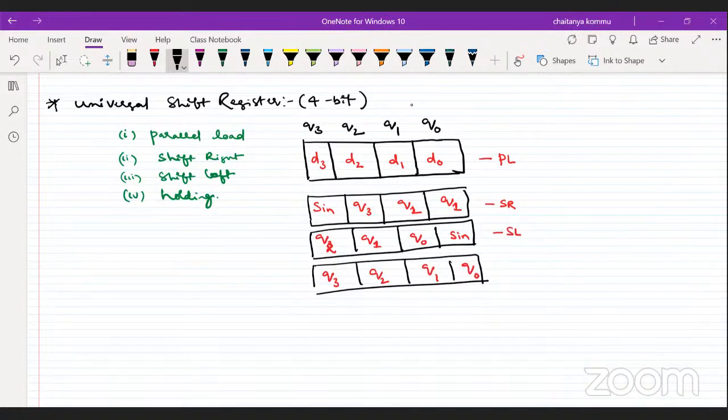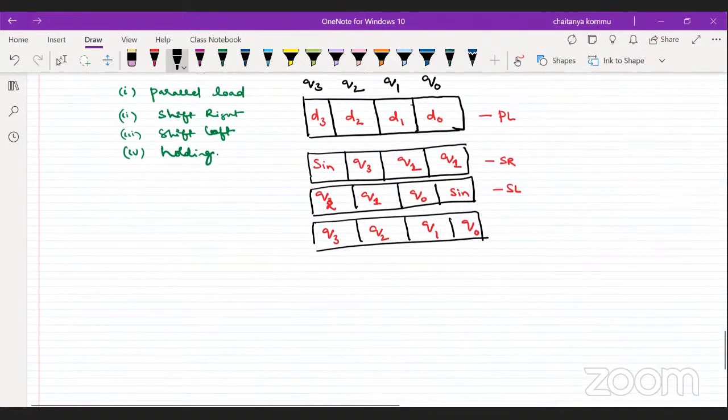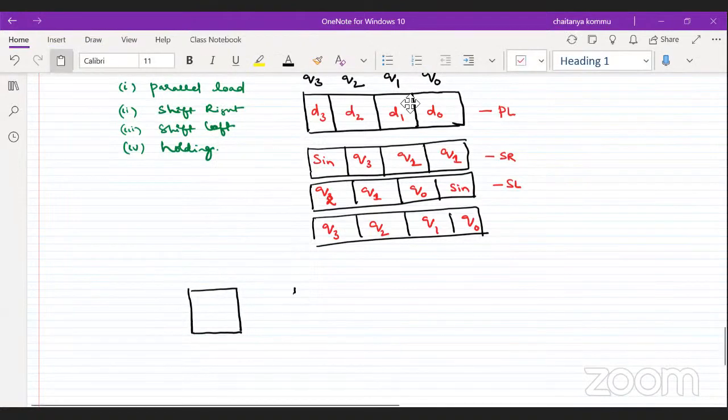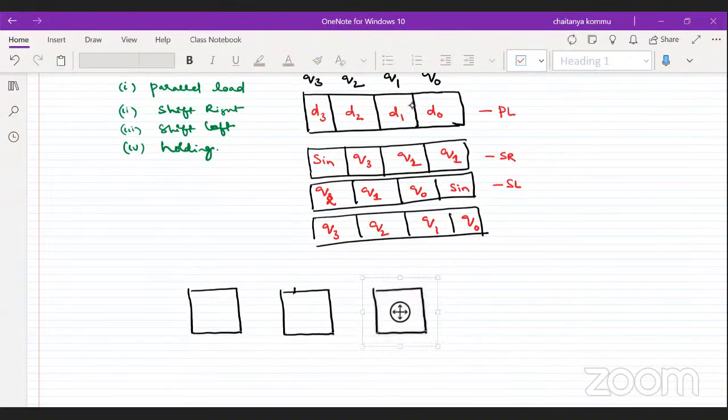Okay. Now that means I have 4 flip-flops. 1, 2, 3, 4.